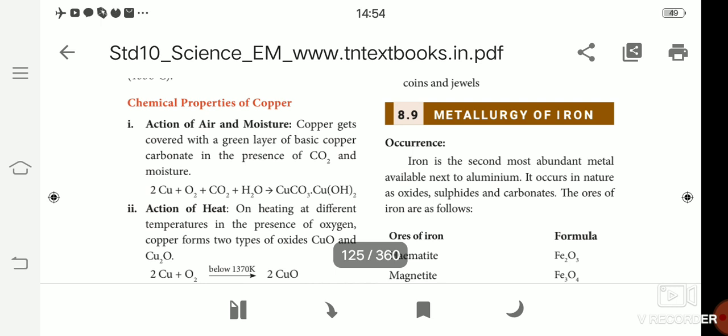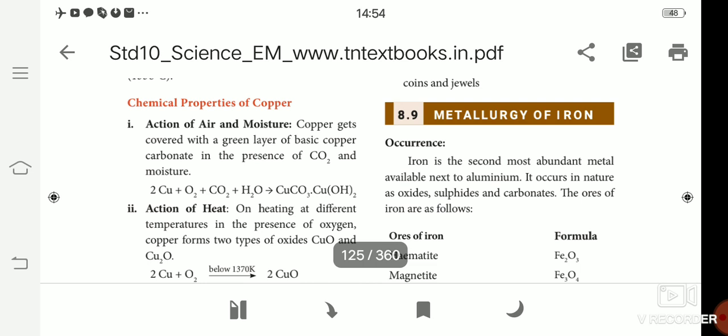Then the action of heat. On heating at different temperatures in the presence of oxygen: the first is below 1370 Kelvin, the next reaction is above 1370 Kelvin.